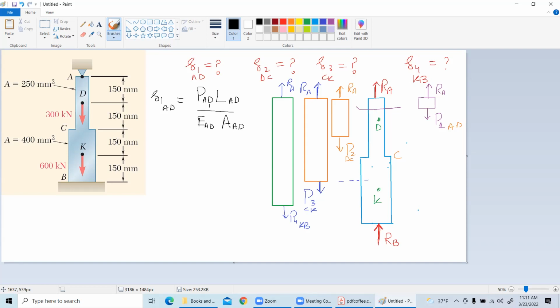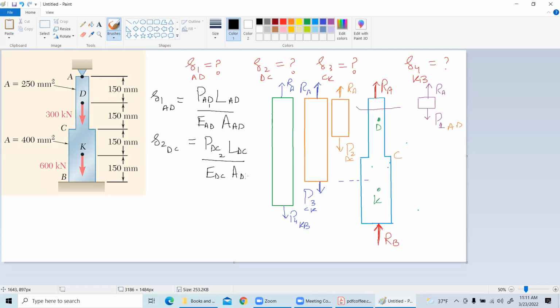Done. You already did it. Good. That was very fast, by the way, but good. So delta A1 is this one. Then the next one is delta 2, or we all said, let's call it as DC, whatever you are comfortable with. P DC, L DC over E DC, A DC.